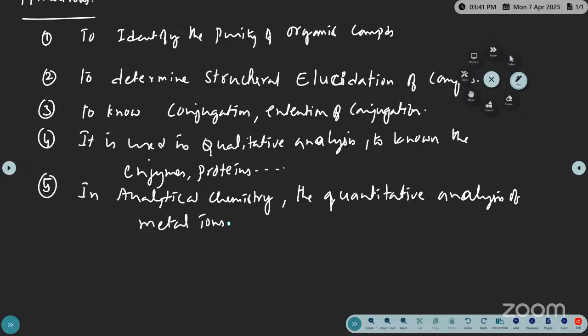Okay. So these are the various applications of the UV and visible spectroscopy.